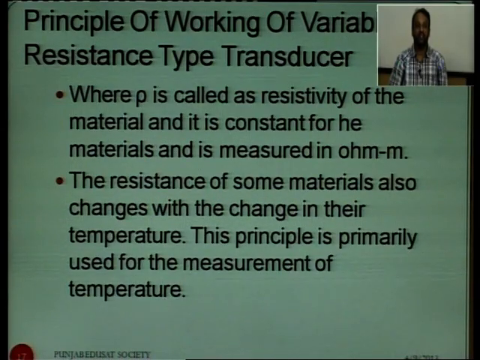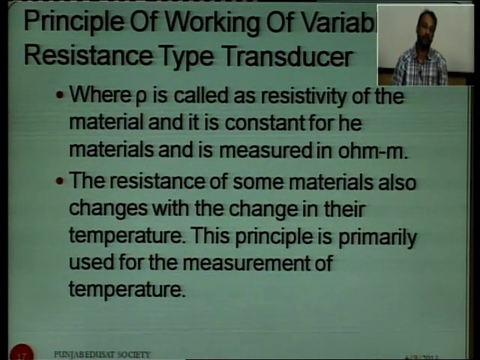Rho is called the resistivity of the material and it is constant for the material. So, it depends upon the material we use and it is measured in ohm meter. The resistance of some materials also changes with changes in their temperature.